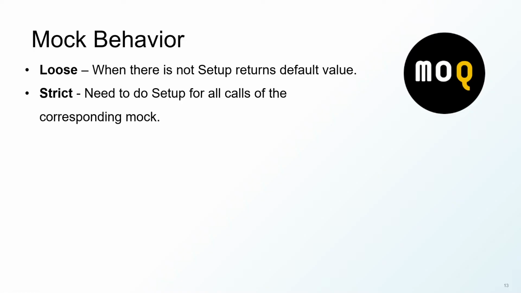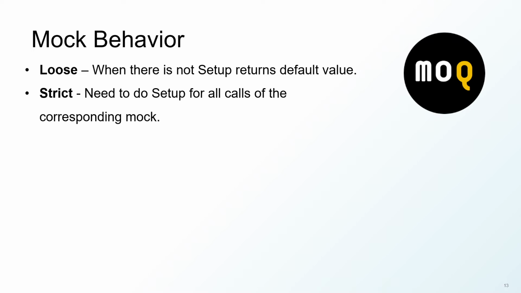Mock behavior. Okay, let's talk a little bit about mock behavior. You have two kinds of mock behaviors. Okay, so we have loose. When there's no setup, it returns the default value. So for example, let's suppose you have a function that makes two calls to a mock.